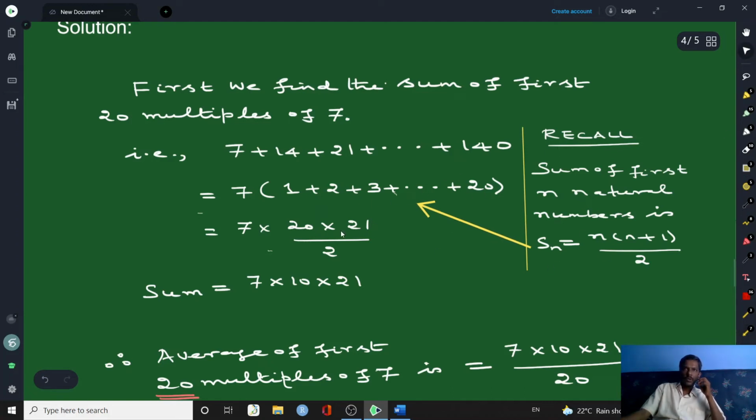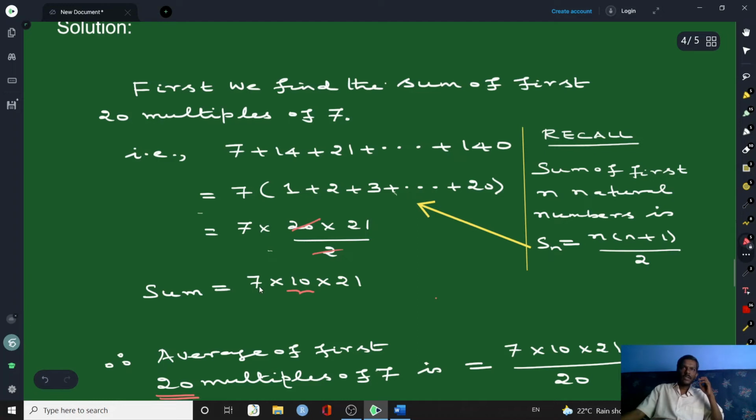So 20 into 21 by 2. Now you can cancel out 20 and 2, and you will get 10 here. So the sum is 7 times 10 into 21.